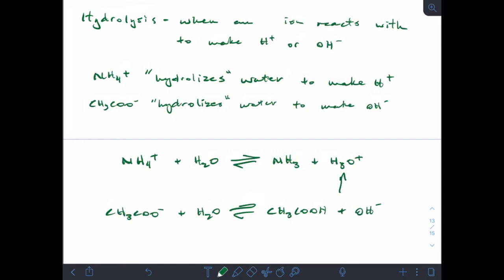So this is how hydrolysis works. And this is why our cations that are non-spectators result in acidic solutions, and why our anions of weak acids result in basic solutions. That's going to do it for this video. We're going to come back with more evaluating acid-base strength in the next video, talking about how structure plays a part.